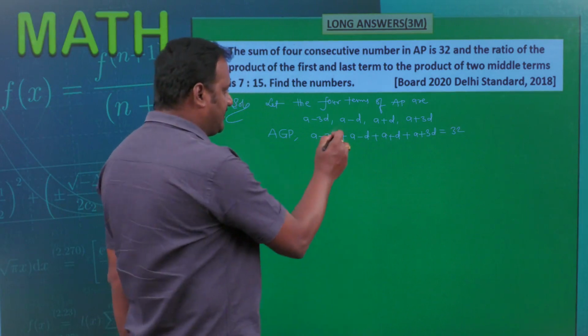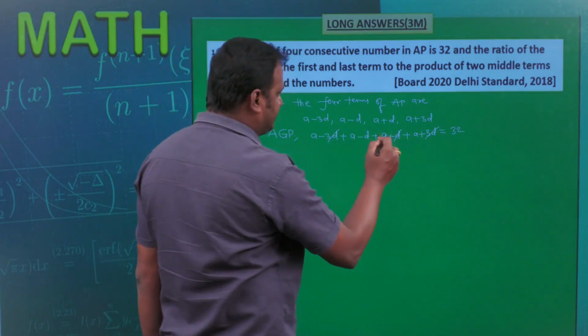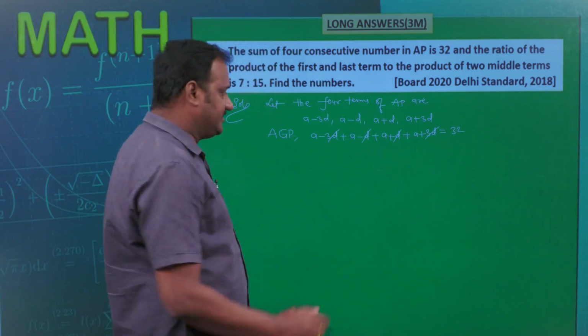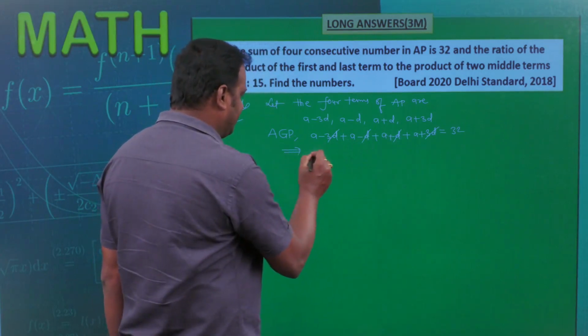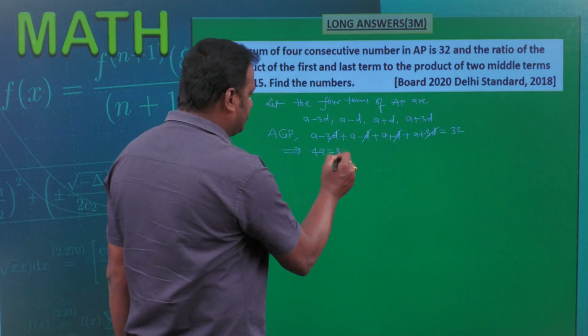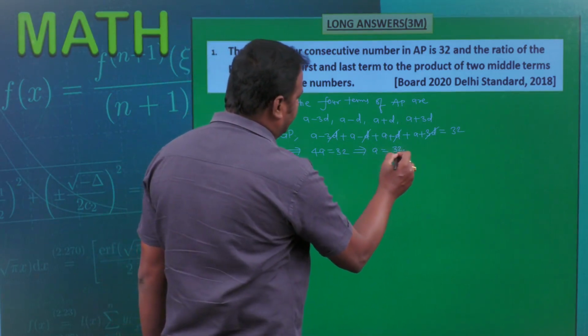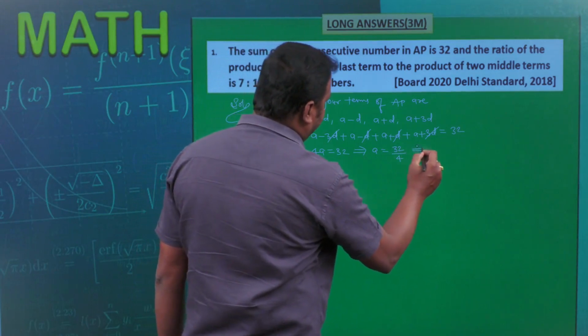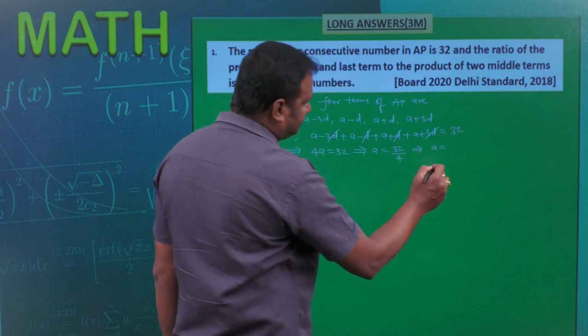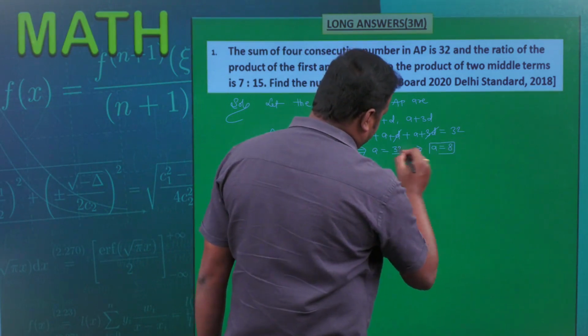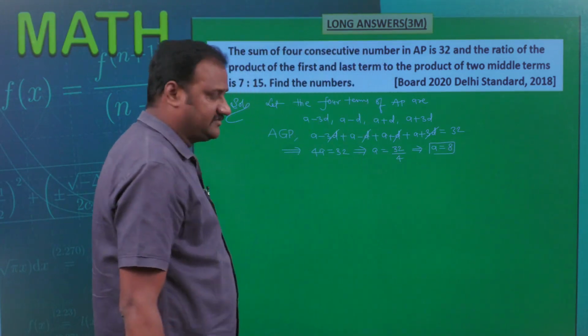Now you see, minus 3D plus 3D cancel, plus D minus D cancel, A plus A plus A plus A. 4A is equal to 32. Then the value of A is equal to 32 divided by 4. 4 8s are 32. The value of A is equal to 8.